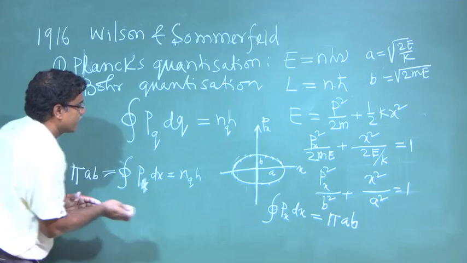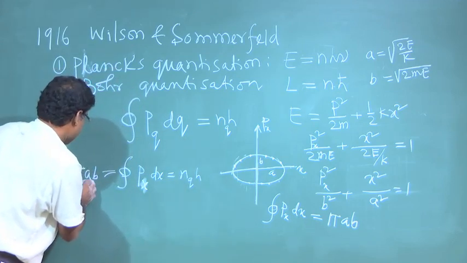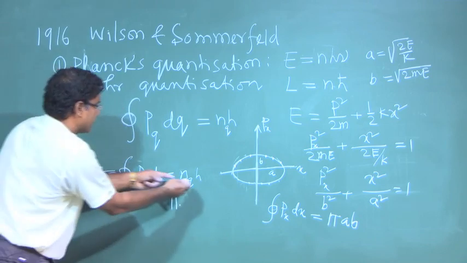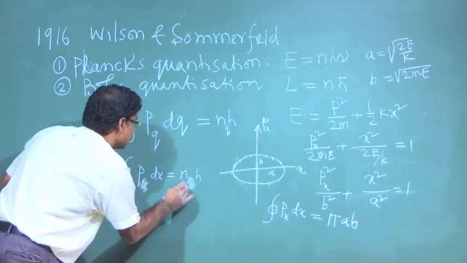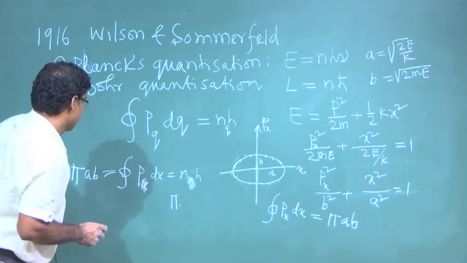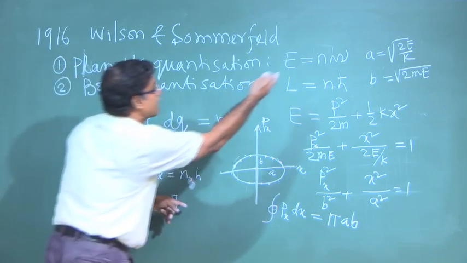I am getting pi a b equal to n x h. Then, what is A and what is B?